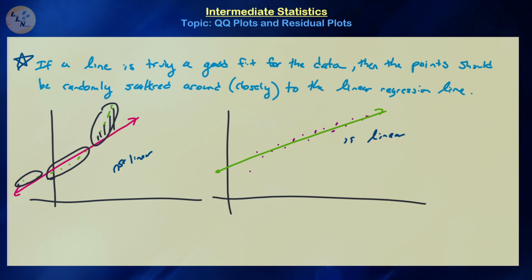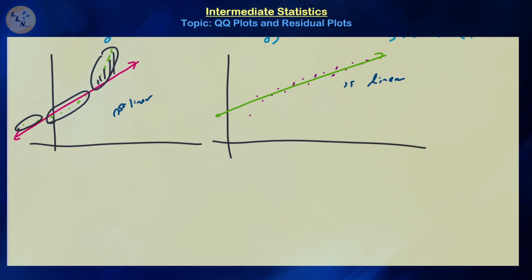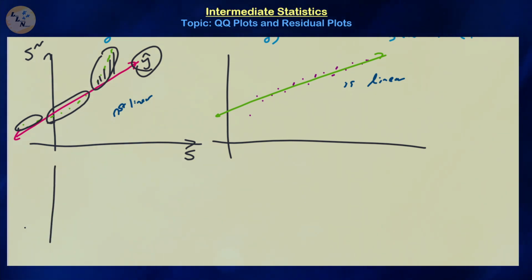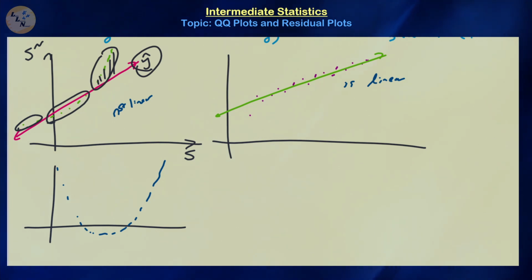So the residual plot analyzes the residuals for a particular plot associated to a regression line. So keep in mind, this is S, our normally distributed data set S. So what we want to do is compare this to the linear regression line y hat for a normal quantile-quantile plot. So if we look at this particular residual plot, then we're probably going to have something like this.